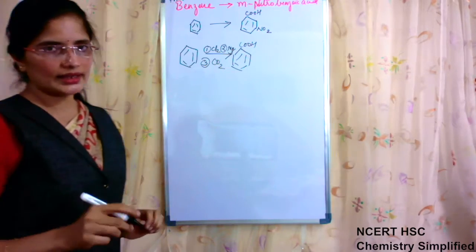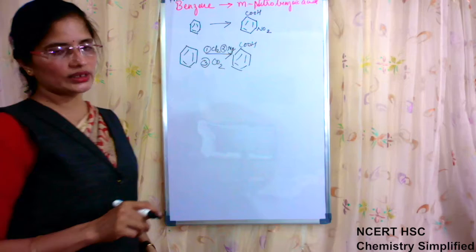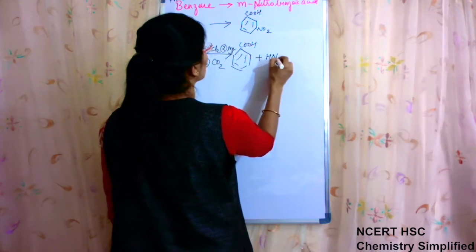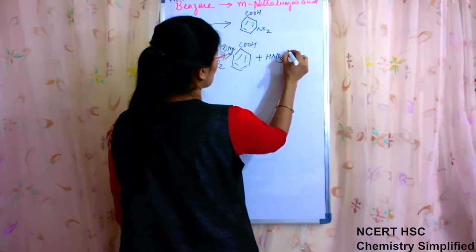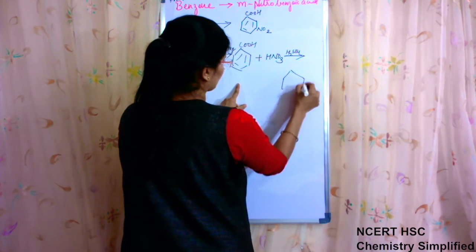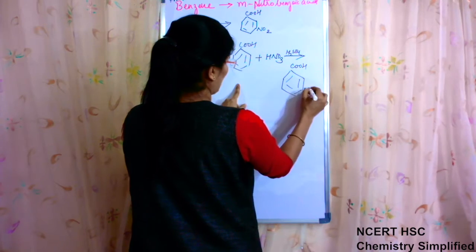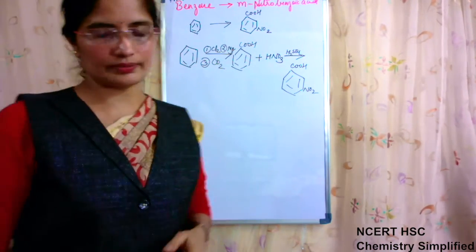We can write it like this also, 1, 2 and 3. So it will give you benzoic acid. When benzoic acid is treated with nitric acid, that is nitration, electrophilic substitution reaction in presence of sulfuric acid, it will produce COOH and NO2, M-nitrobenzoic acid. Clear?